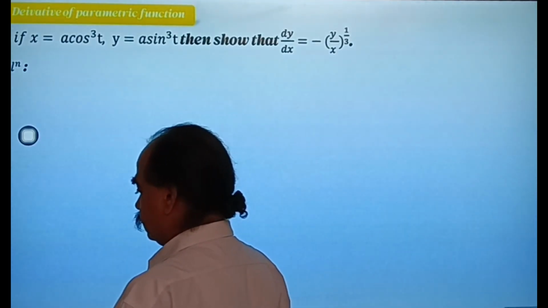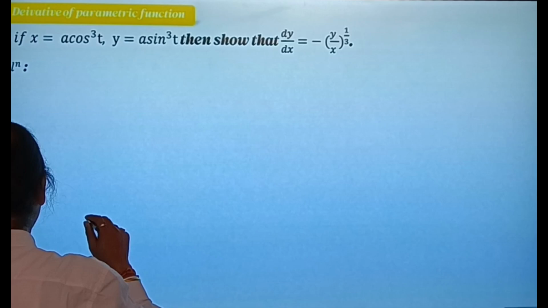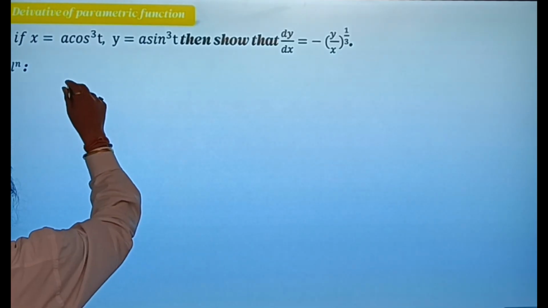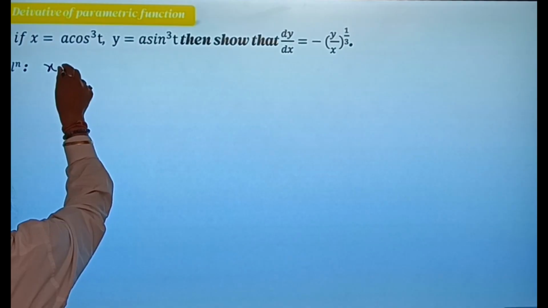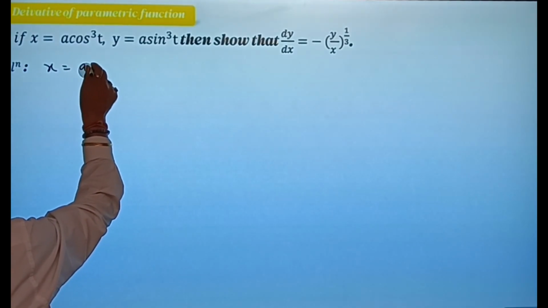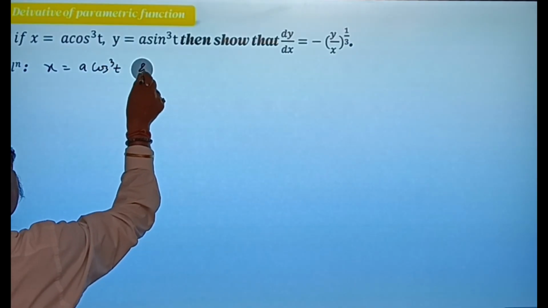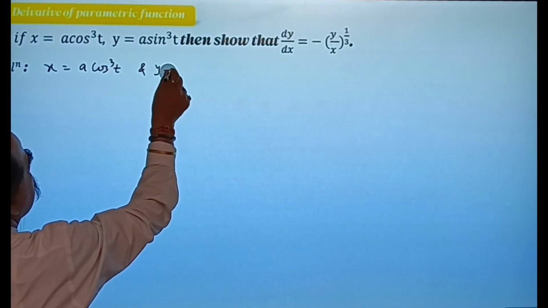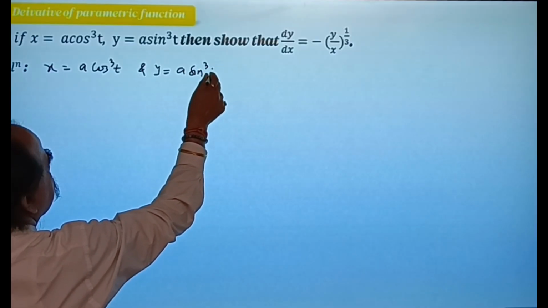In this, first one is x is a cos cube t and y is a sin cube t.